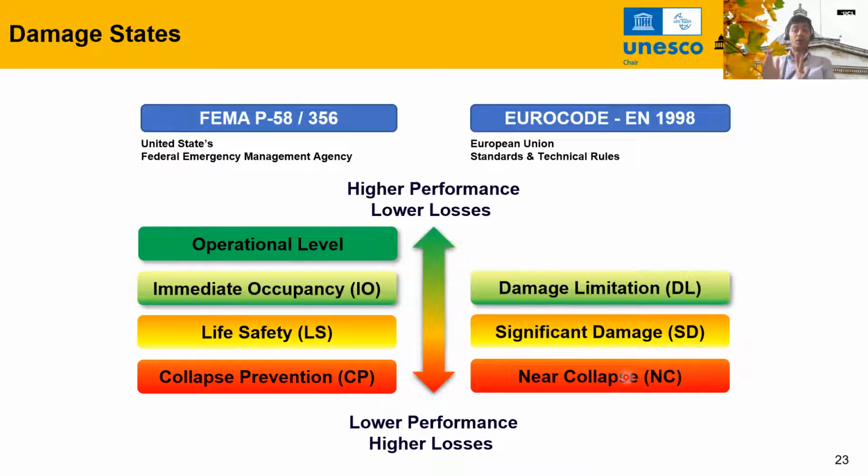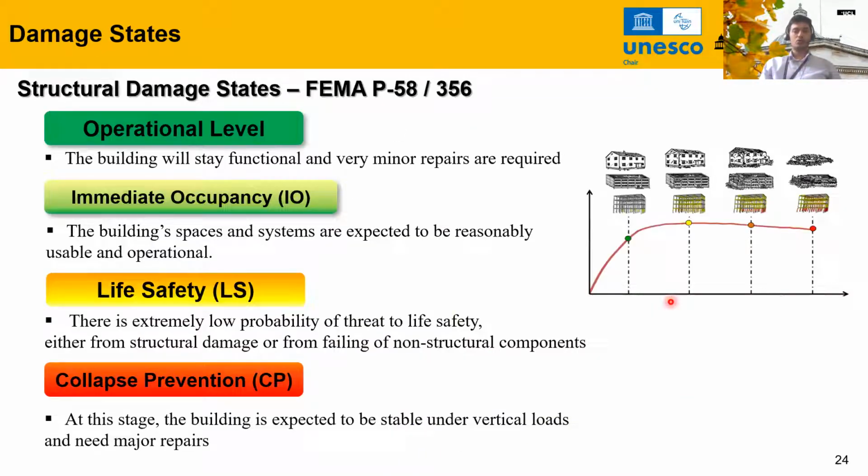Now it's collapsed. You should never enter that building. You should plan to demolish it as soon as possible. No repair option is there. So the Eurocode has only three damage limits, but we can always translate one damage scale into another. We can always correlate those different damage states.